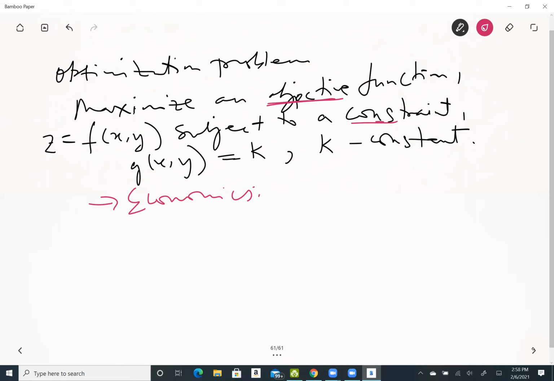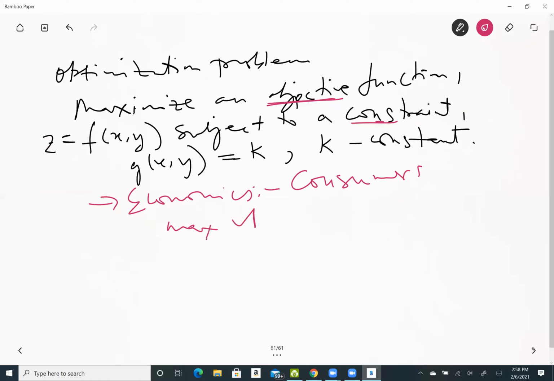If you look at the consumer problem, what do we maximize as consumers? What is the objective of the consumers? Maximize satisfaction, your utility.